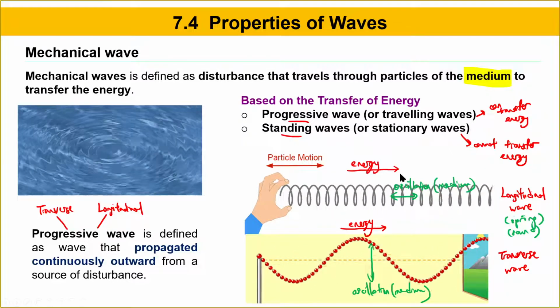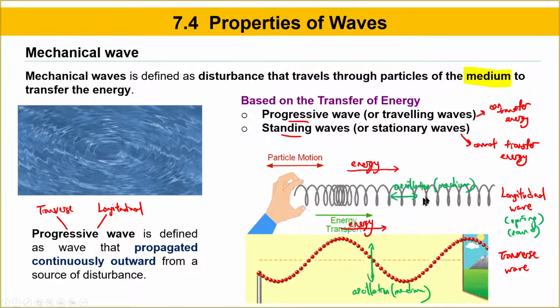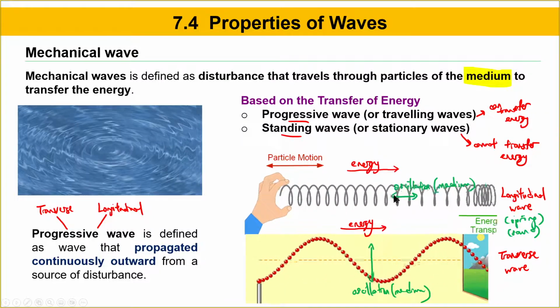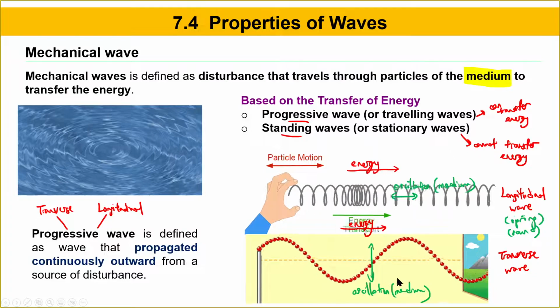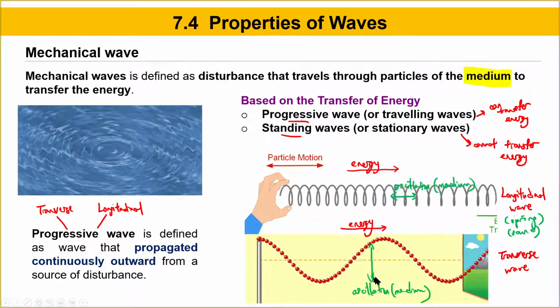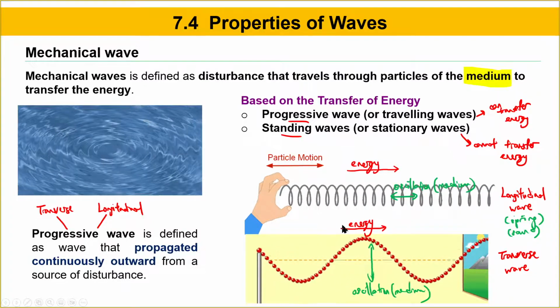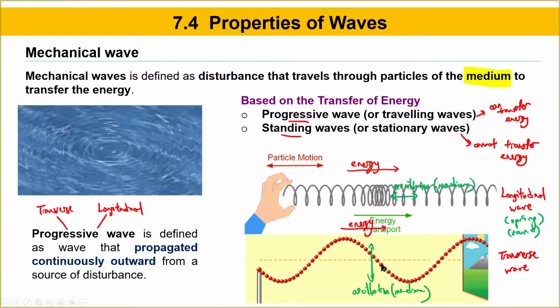The oscillation is parallel to the energy transmission because both are horizontal. But for a transverse wave, the oscillation of the medium is vertical and energy is horizontal, so they are perpendicular.